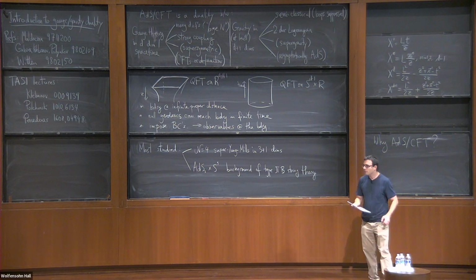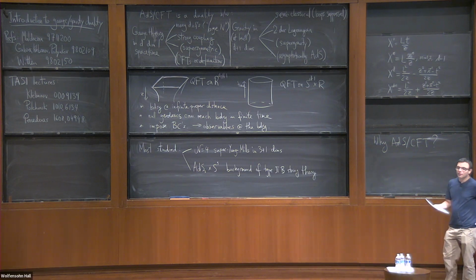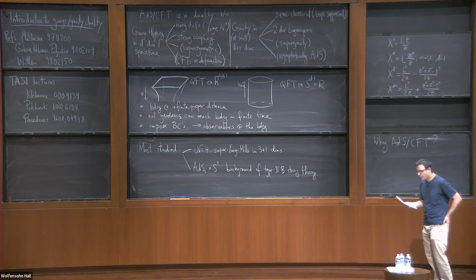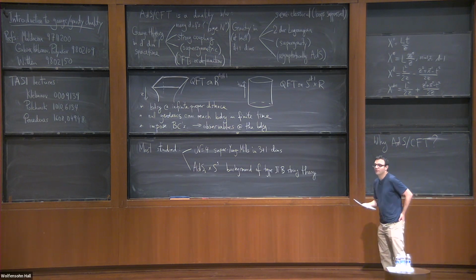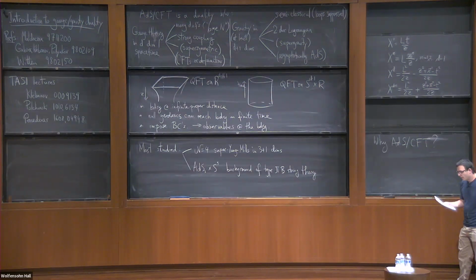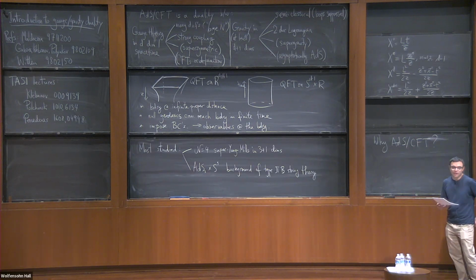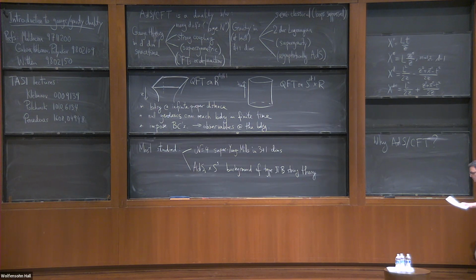One complaint one can have is that QCD, the theory we're interested in studying, is not conformal, of course. And it's also not supersymmetric. So why would we want to study conformal field theories that might also be supersymmetric? And the answer is that there's several answers.